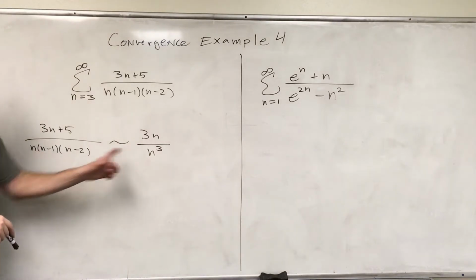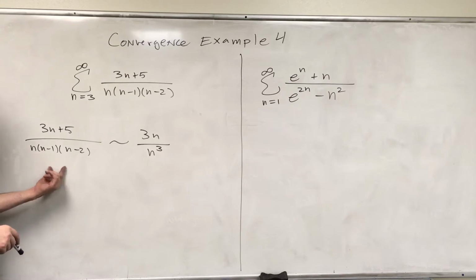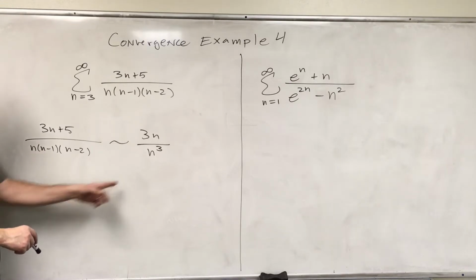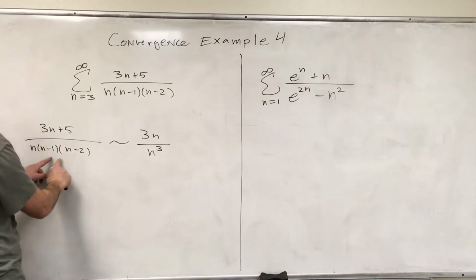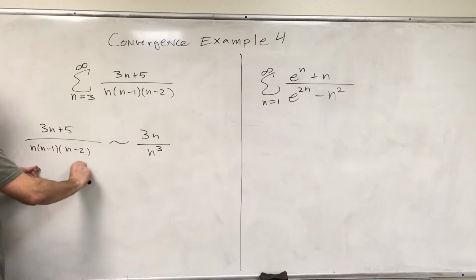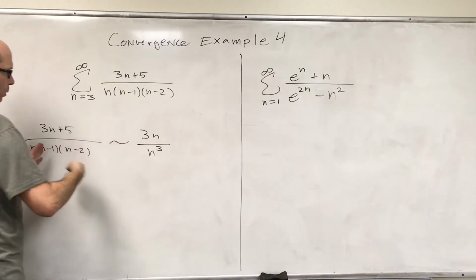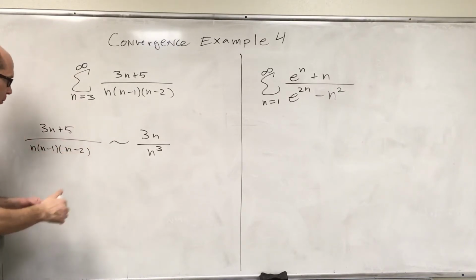Now, how did I go from here to here? I'll FOIL this out for you, and you'll see that it's n cubed, because as you FOIL this out, this is going to give you some n squared thing, and then n squared times n is going to give you some n cubed thing, plus a bunch of stuff that isn't going to be a dominant term.